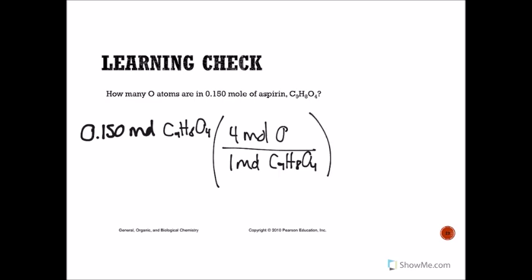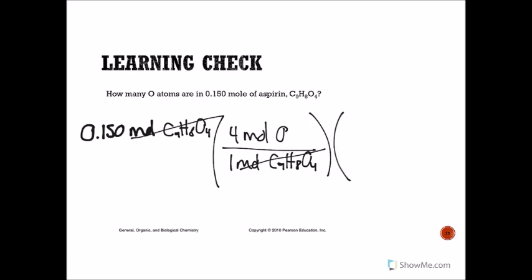So for every 1 mole of aspirin, we have 4 moles of oxygen. And that cancels off, right? So I wrote aspirin on the bottom because I wanted aspirin to cancel off with aspirin on the top. And we want to be left with moles of oxygen.